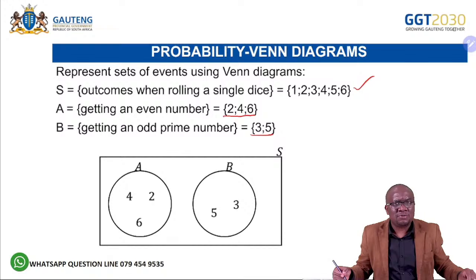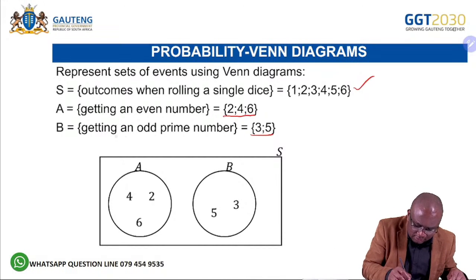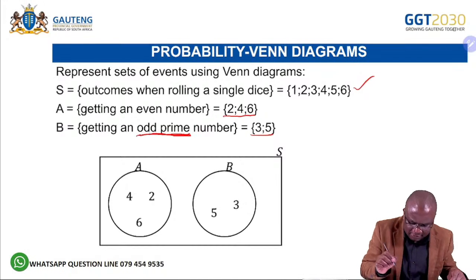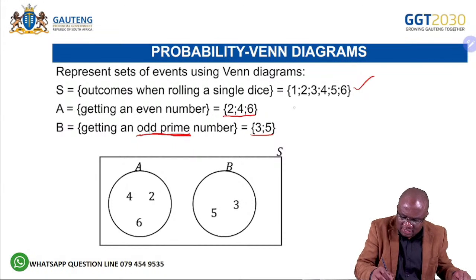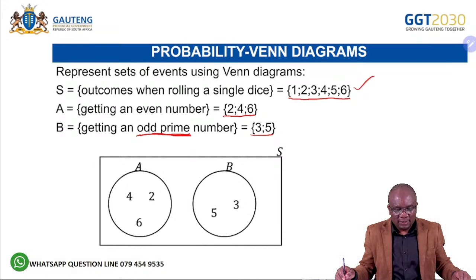What is outside these two events? Which is not even? This says getting an odd prime number. Which number here in this sample space is not an odd prime number and also is not even?